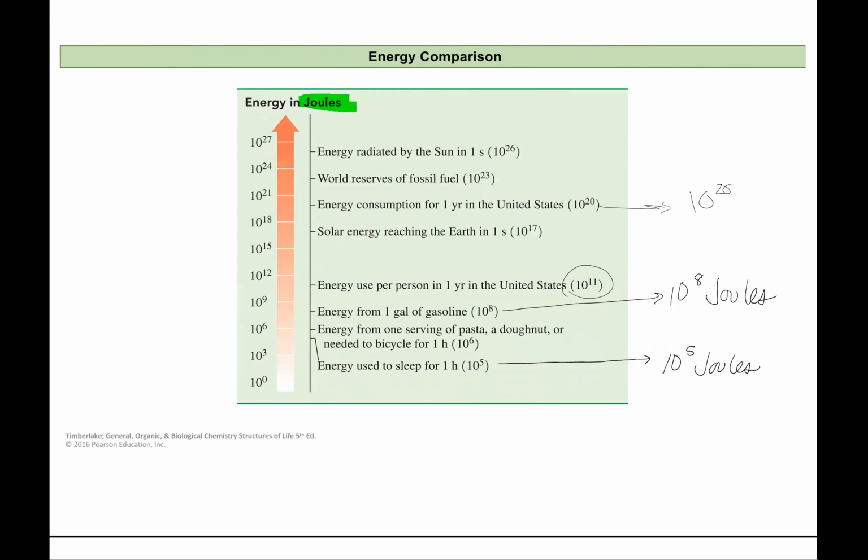On the upper end, 10 to the 26th is the amount of energy radiated by the sun in 1 second, which is an impressive amount of energy, but it's a giant ball of fire. This gives you a perspective, and you'll notice that we are going to be working with large numbers when we are doing energy calculations or discussing the amount of energy that something has.